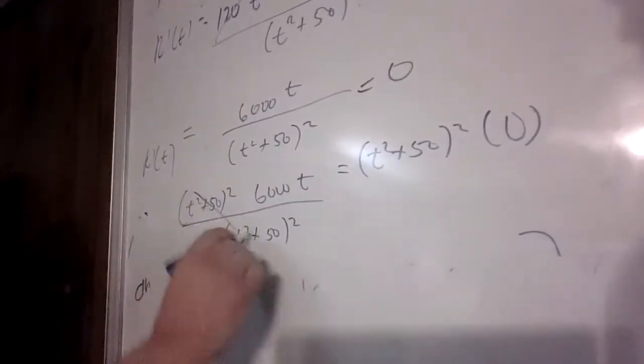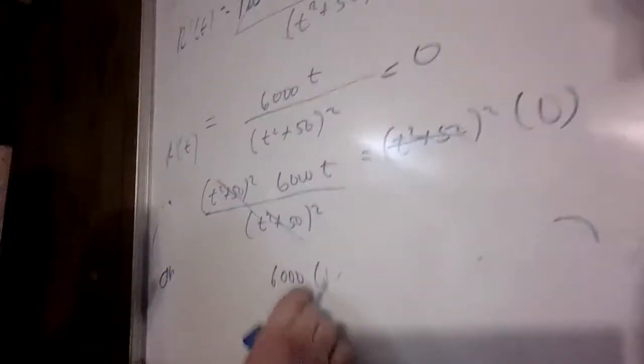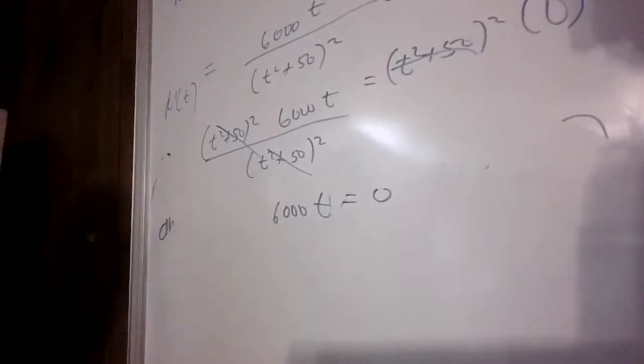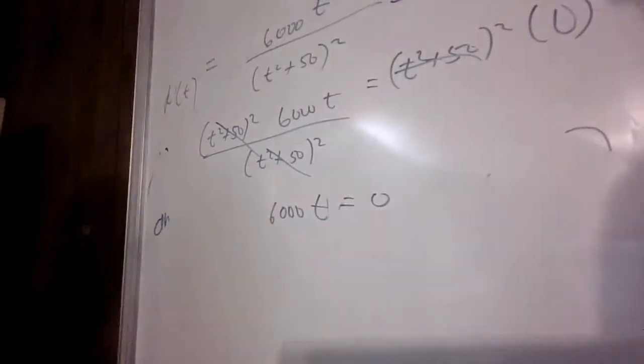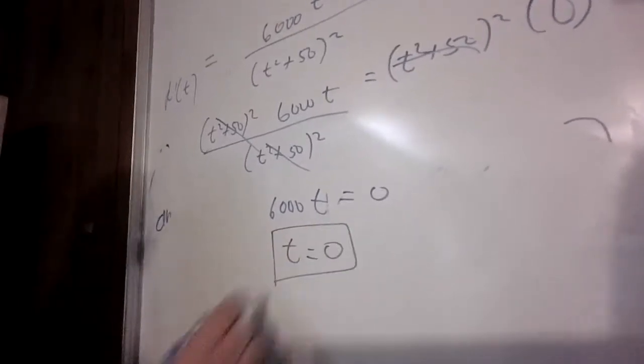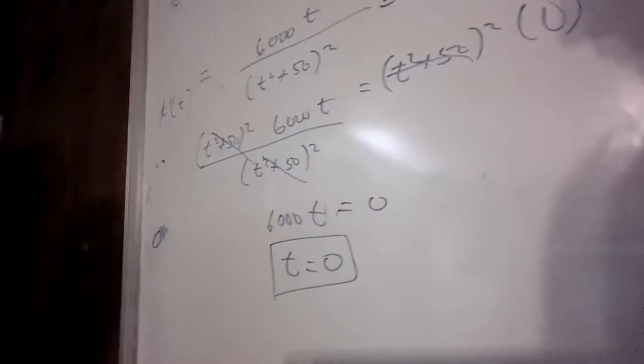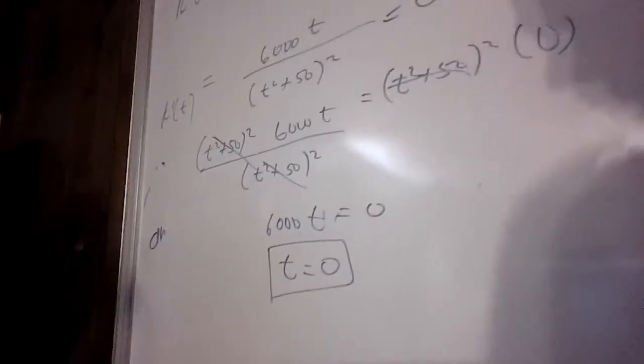Notice that cancels. That's 0. I get 6,000 t equals 0. Divided by 6,000, t is 0. So this says that somehow I make my maximum revenue when t equals 0. Is it realistic? Probably not, but that's the answer we got.